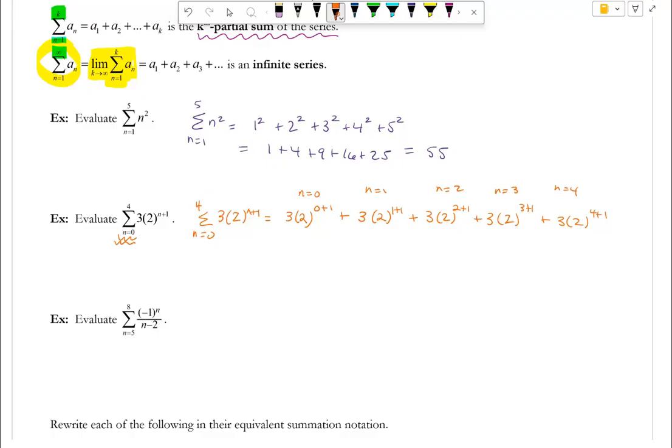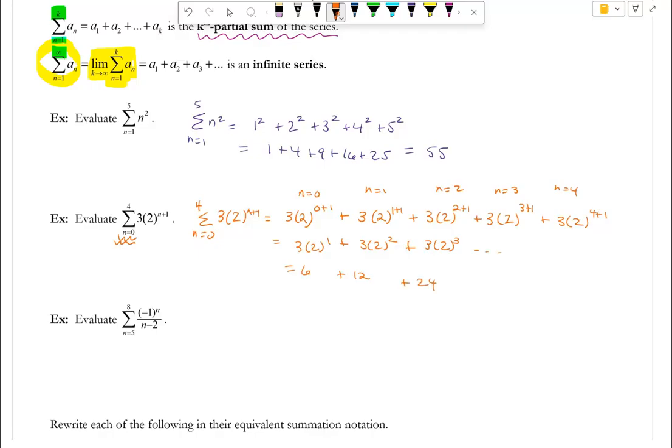So when I go to add this all up, I know this is initially 3 times 2 to the first power, which is just 6. We're adding to that 3 times 2 to the second power. Well, that's 3 times 4, which is just 12. We're adding to that 3 times 2 to the third power, which is just 3 times 8, which is 24.